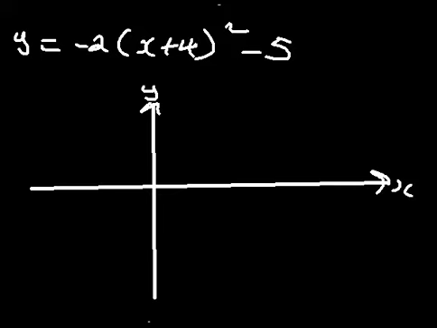Let's say this is negative 5. And since it's positive here, it means the graph has to move about 4 steps to the left. So let's say this is negative 4. So it means we'll have it as this.